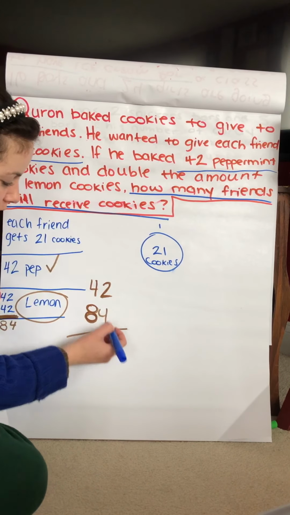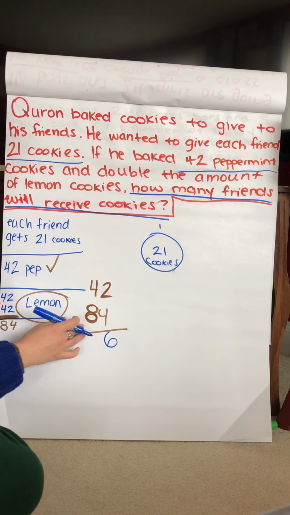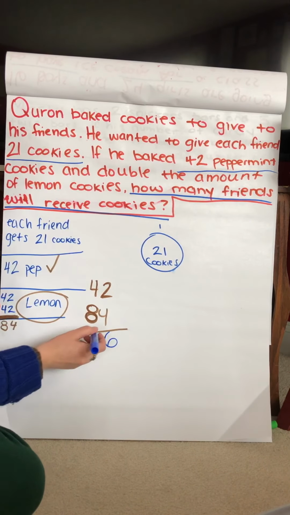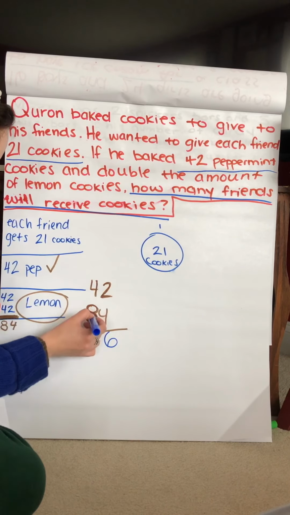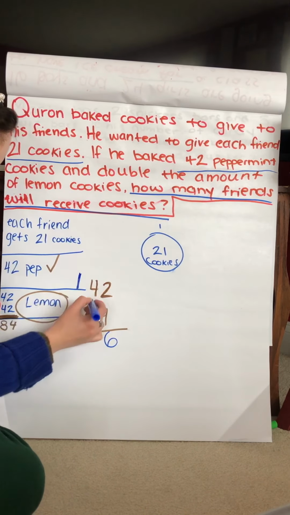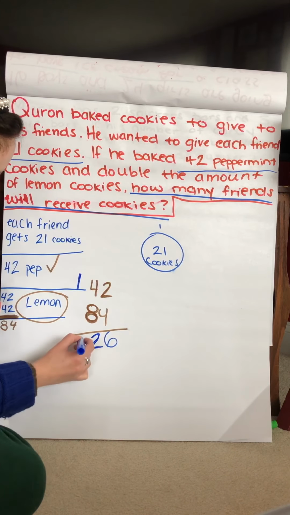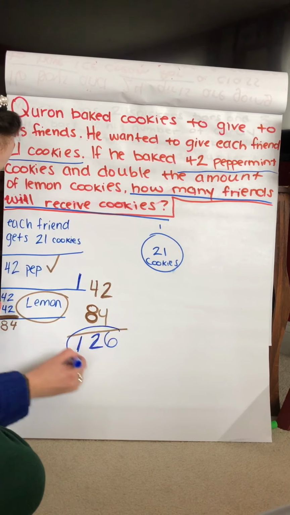So we know 4 and 2 is 6. And we know that 8 and 4 is 12. So that means that when we're adding 8 and 4, we carry over a 1 to the hundreds place, and we bring down that 2 for the tens place. So now we have 126 cookies in total.